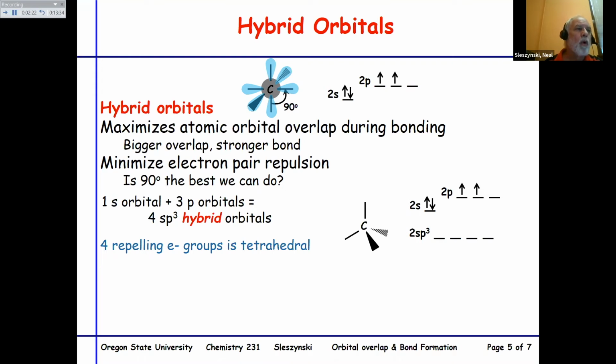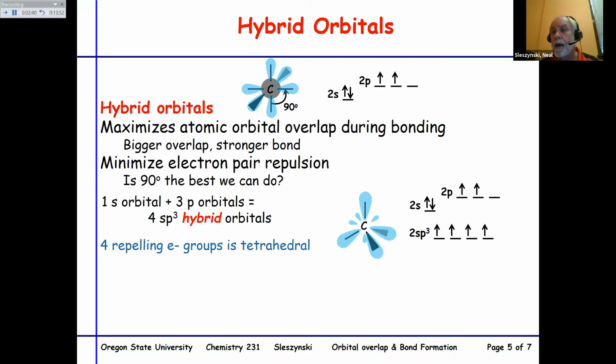We end up with 4 equal energy orbitals that, from an energy point of view, are the average between the s orbital and the 3 p orbitals. And we now end up with electron clouds that are 109 degrees apart from each other.